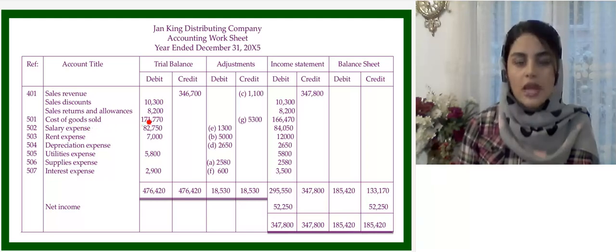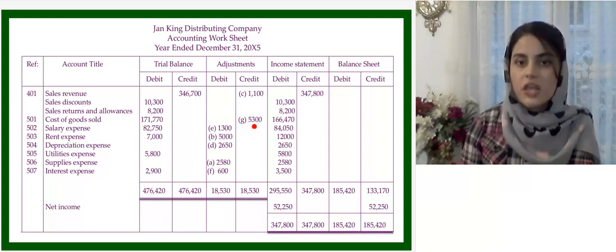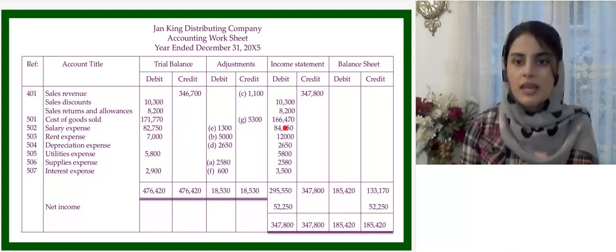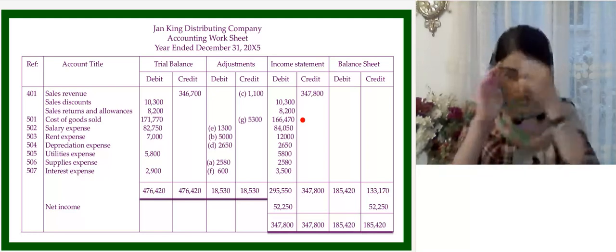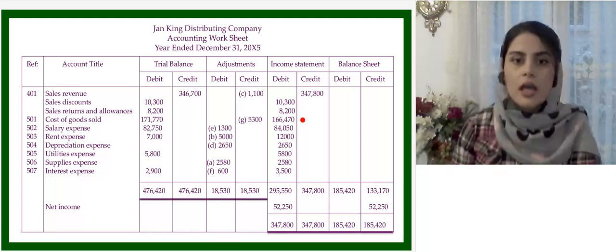So if you look here, for example, for cost of goods sold, we have 171,770, which is debited, and in the adjustment it's credited 5,300. So we should minus this amount from this. It gives us 166,470 dollars.